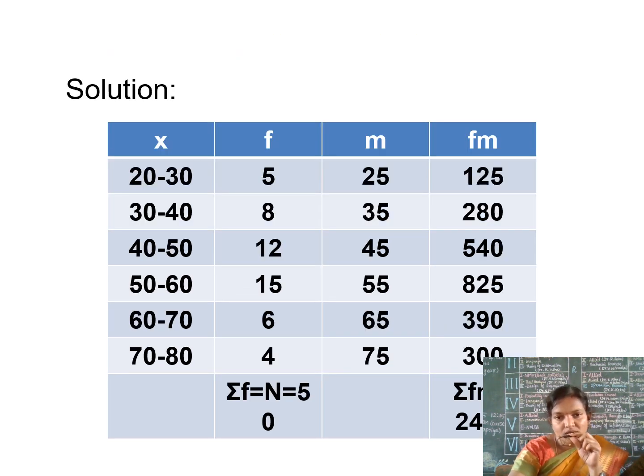First two columns we already have in our question: class intervals and frequencies. The third column is the mid values.